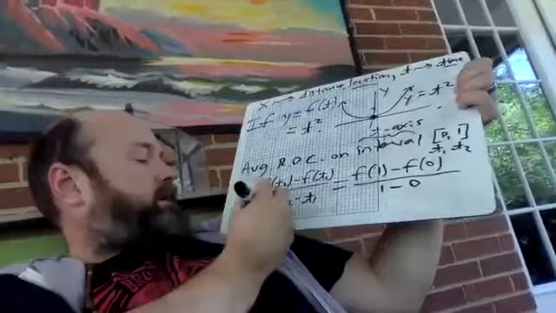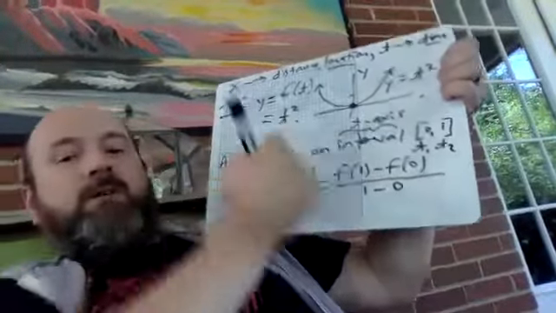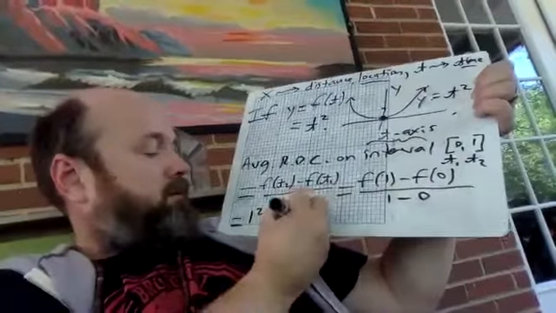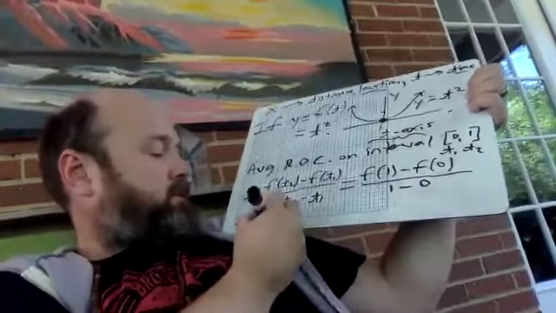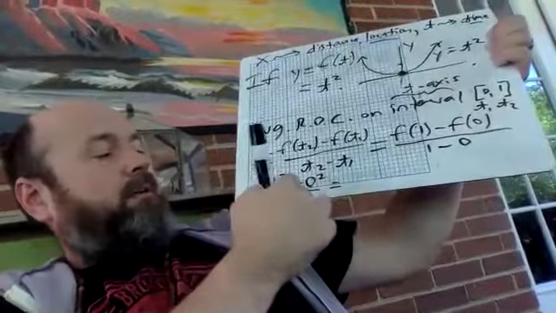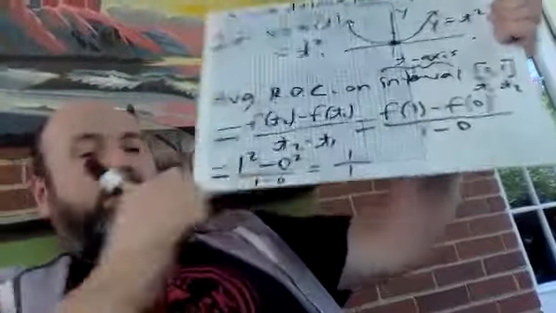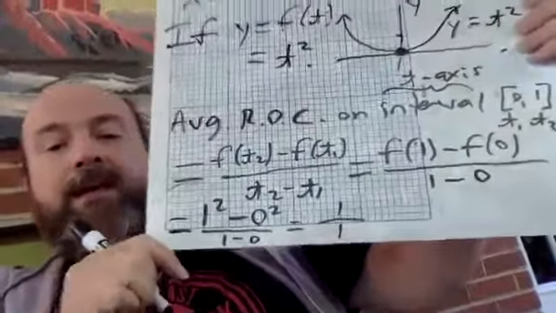So f of 1 is 1 squared minus f of 0. f of 0 is 0 squared. And that, again, is still over 1 minus 0. Well, this is just 1 minus 0 is 1, over 1, aka just straight up 1.